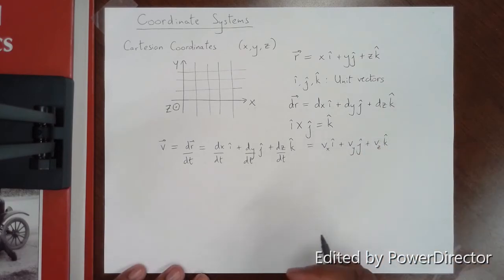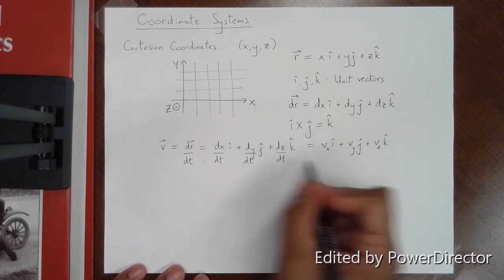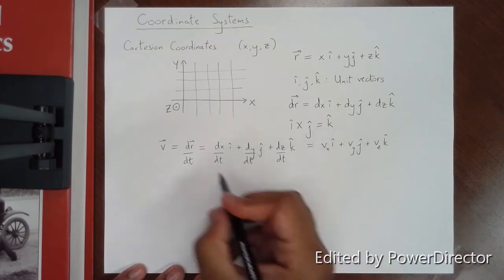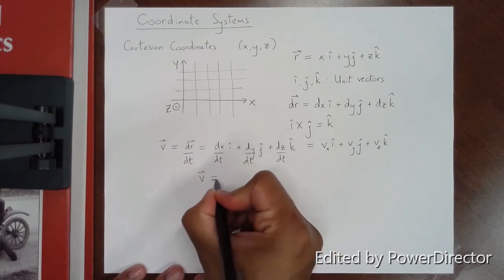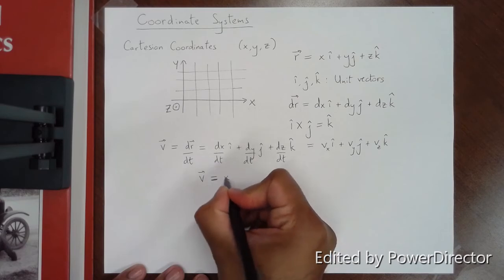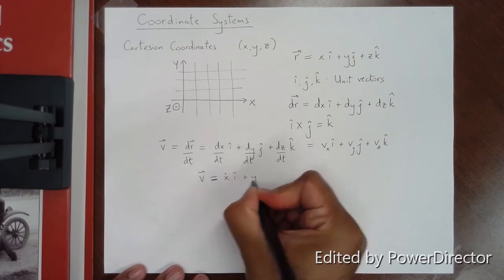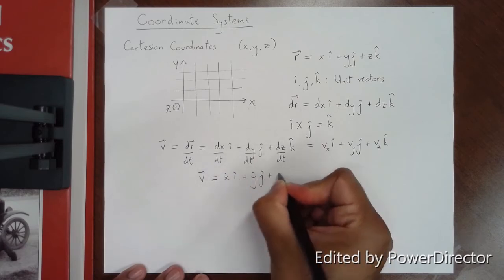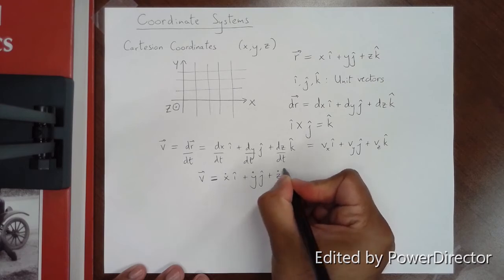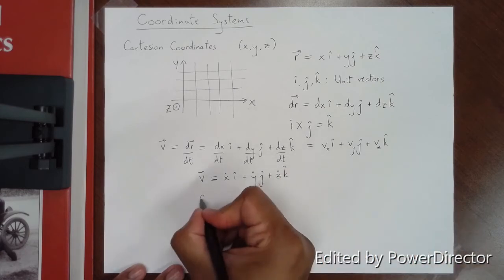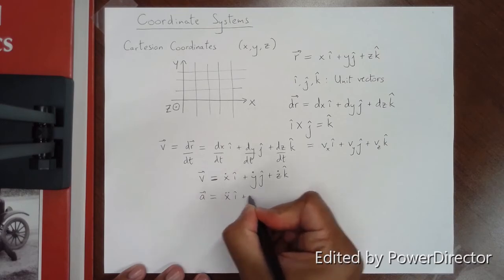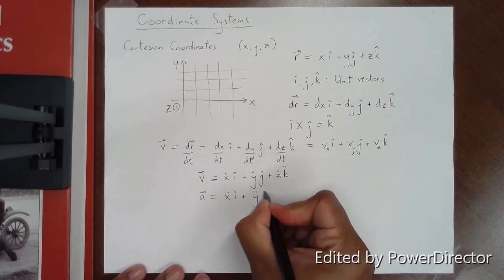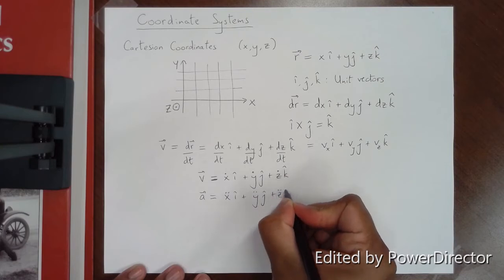And of course, if we want, we can go further and get the acceleration. We can abbreviate these derivatives by using the dot notation, so that v vector becomes x dot i hat plus y dot j hat plus z dot k hat. And so a, the acceleration, becomes x double dot i hat plus y double dot j hat plus z double dot k hat.